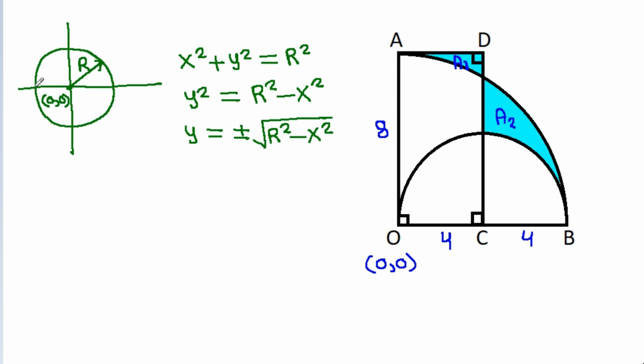So the equation of this upper part is y is equal to square root of r square minus x square, and the equation of this lower part is y is equal to minus square root of r square minus x square.